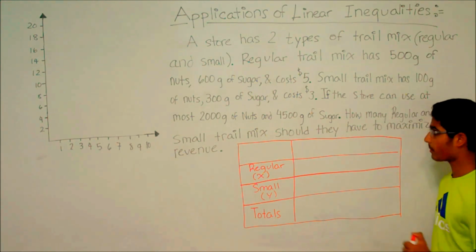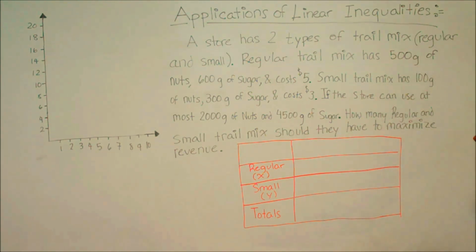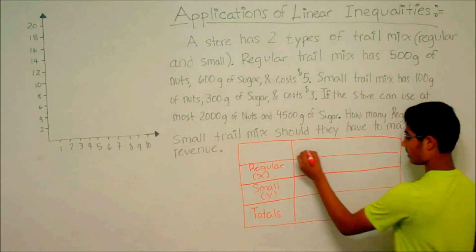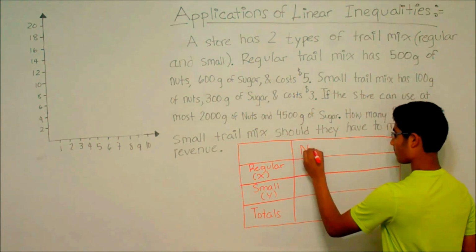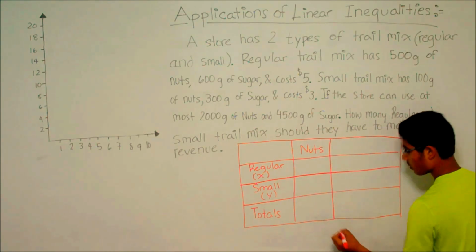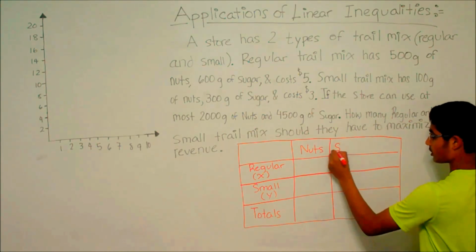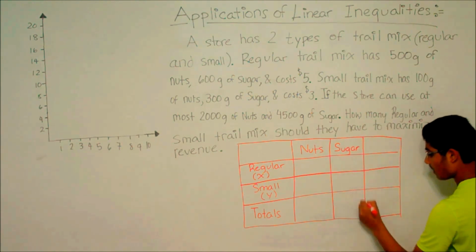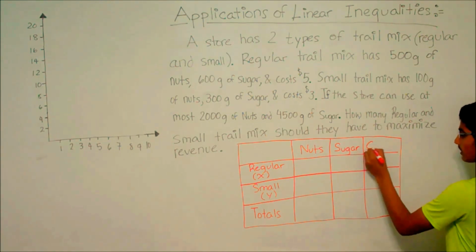Now let's look at the information that we're given. We're given the amount of nuts that it has, so in this column, we're going to have the nuts. We're also given the amount of sugar it has. And lastly, we're given the cost.